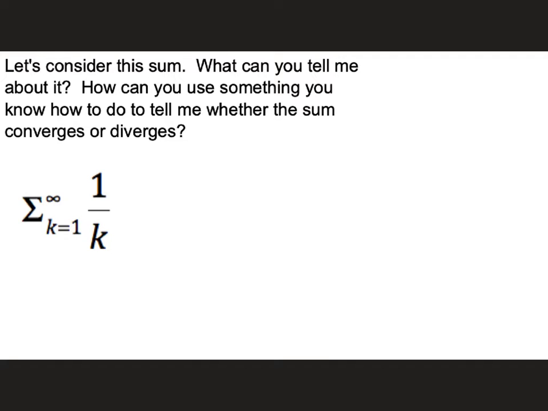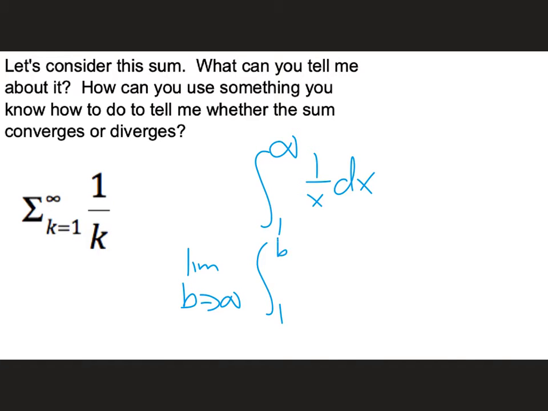Well, if I look at this, it reminds me of this. They kind of look similar, because we talked about that when we talked about improper integrals. And when we did that, what we said is the limit as b goes to infinity, integral from 1 to b, 1 over x dx. So that's the natural log of x.